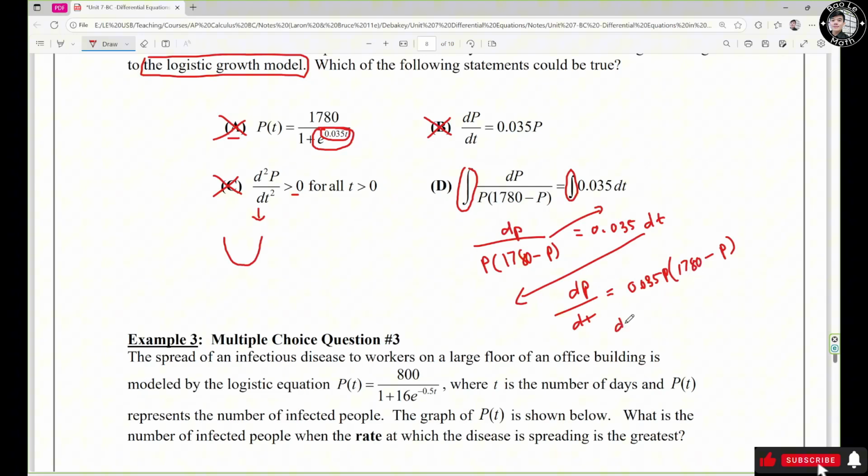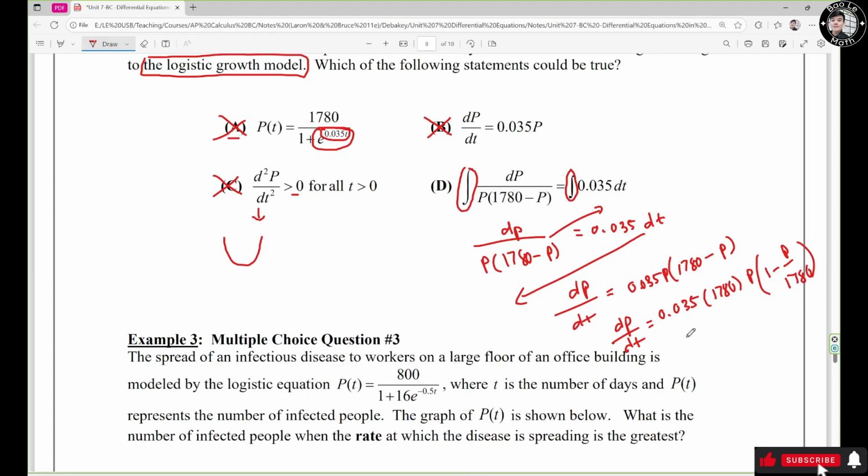So this turns out to be dp over dt equals 0.035 times 1780 times p times 1 minus p over 1780.